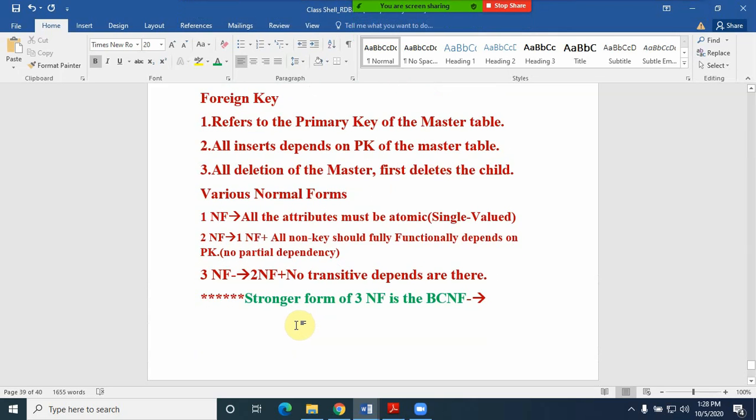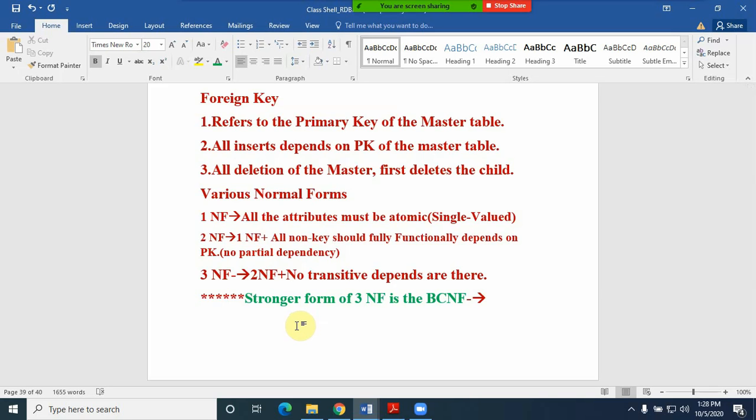Already in the discussion of normal forms and normalization, we have seen that to achieve the standards and quality of database design, we have the notion of good design with the help of normal forms. So normal forms and normalization is a process of achieving good quality design while working with database systems.